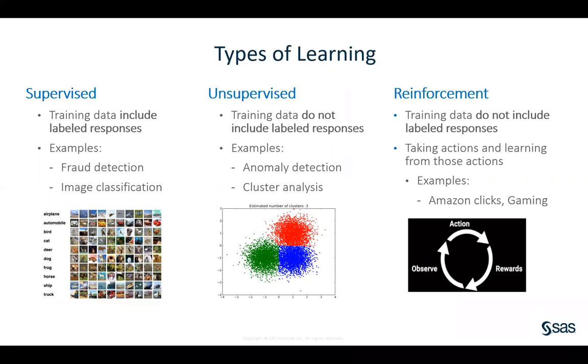The other type of learning is unsupervised learning, where the data does not include a labeled response. The most common unsupervised learning technique is cluster analysis. For example, marketing firms use hundreds of behavior and demographic indicators to segment customers into targeted offer groups.